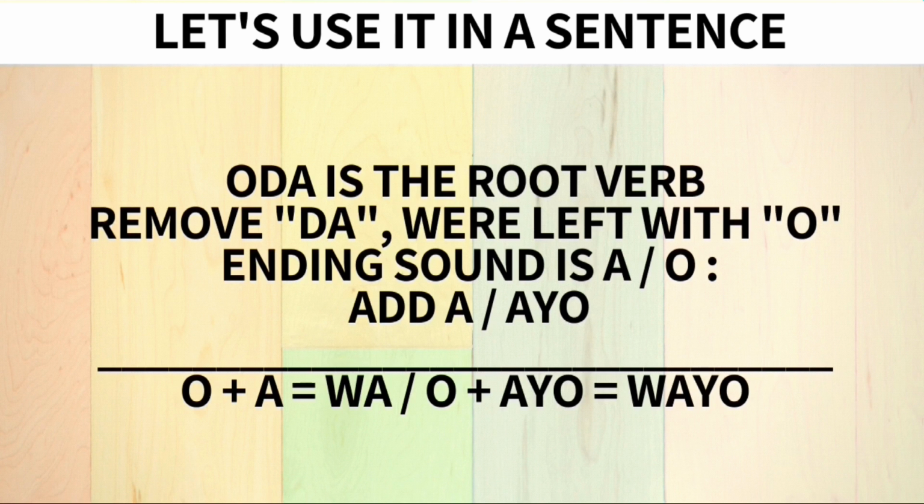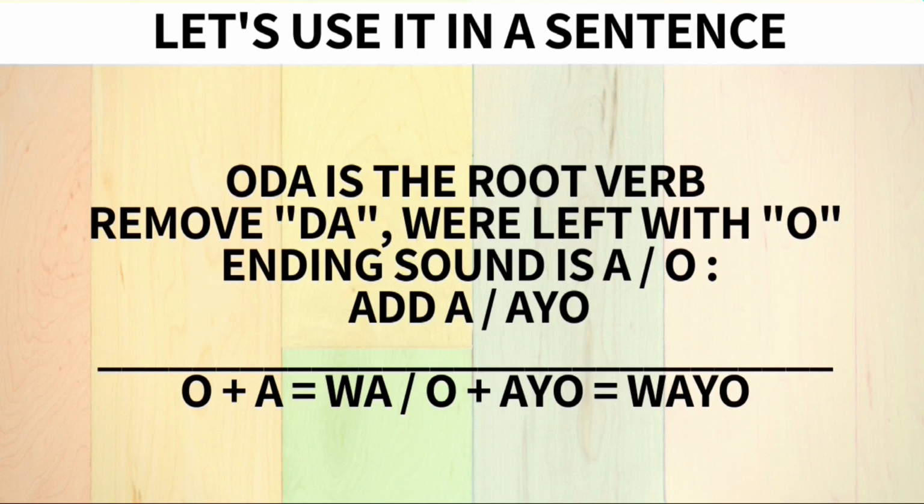If the ending sound of the remaining verb is a or o, we will add ayo. But if the ending sound is not a or o, we will use oyo. Since for the case of ODA, we're only left with o, and o falls under the sound a or o, the suffix that we'll have to add is ayo.